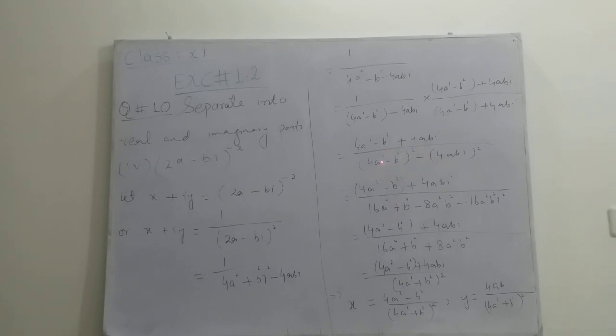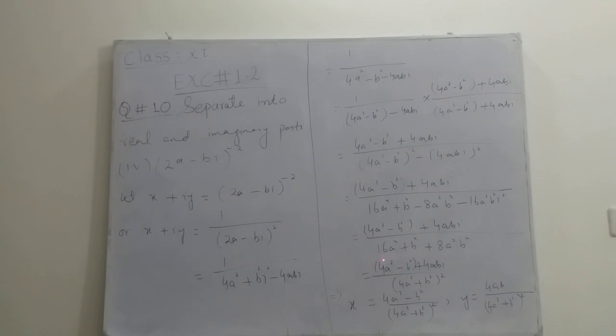So now, using the formula (a minus b) whole square, we have 16a^4 plus b^4 minus 8a square b square, minus 16a square b square iota square. Iota square is minus 1, so it becomes plus 16a square b square. 16a square b square minus 8a square b square becomes 8a square b square.